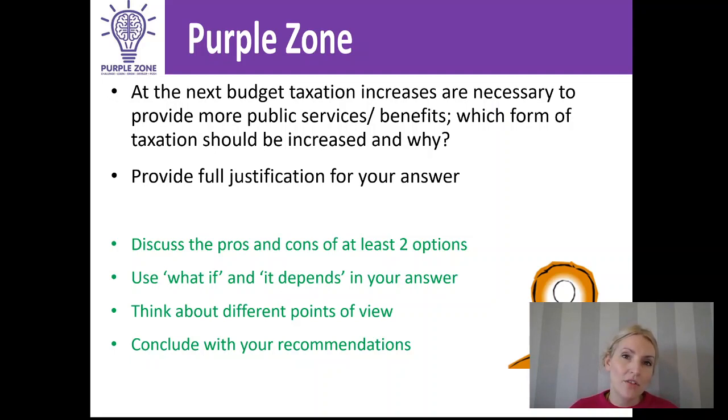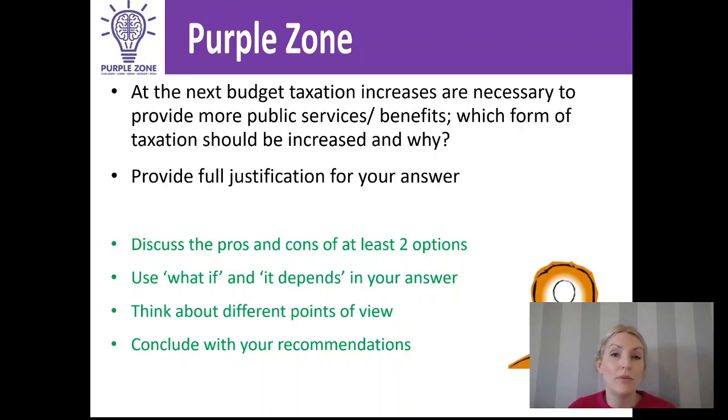So back to the think question in the activate. At a budget taxation meeting, they've decided taxation increases are necessary to provide better public health service and benefits. Which form of taxation would you increase and why? So, is it income tax? Let's tax the working population.